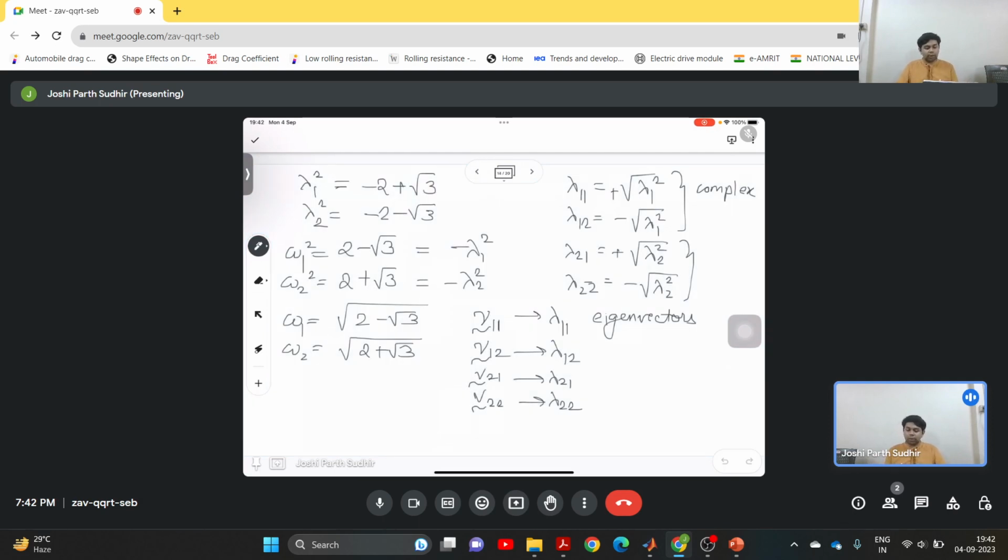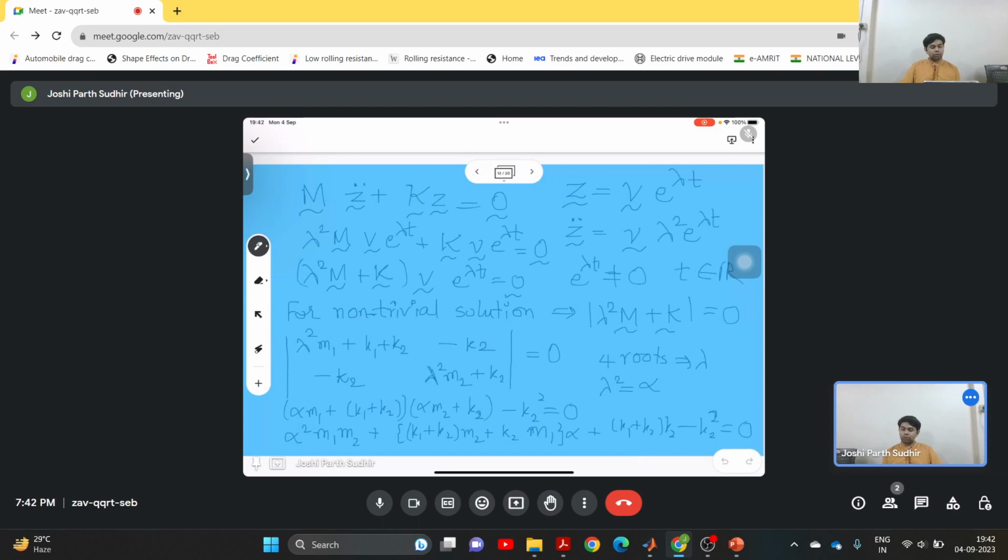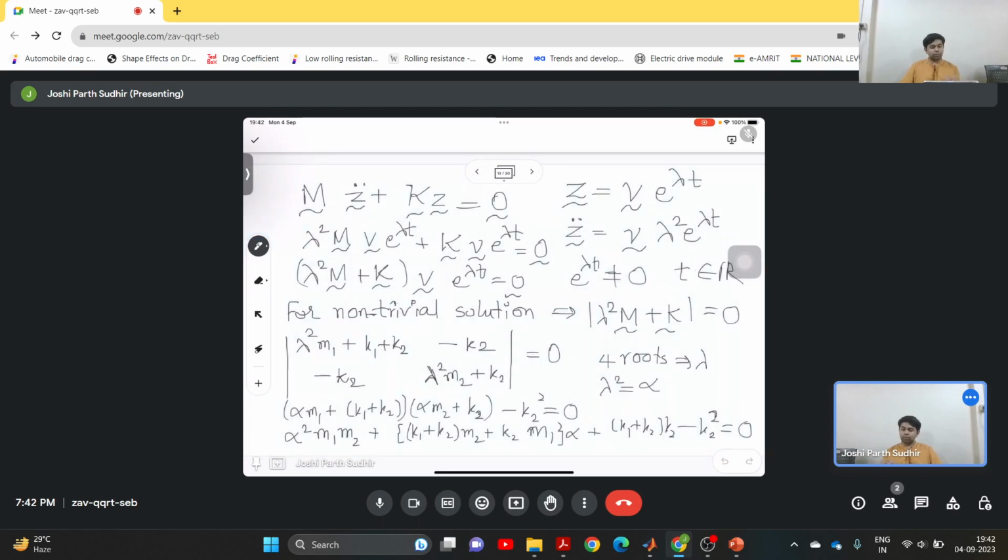So let us assume that each of these eigenvectors, let us say Vij, is of the form V1ij, V2ij. Then we go back to our original set of differential equations.